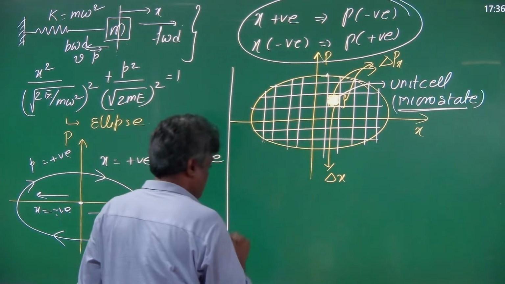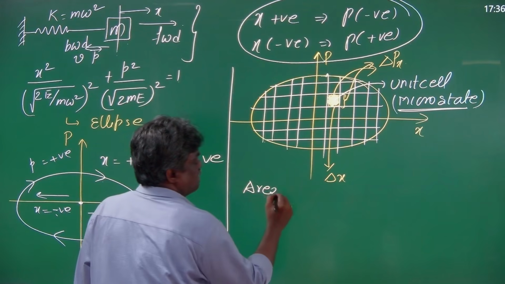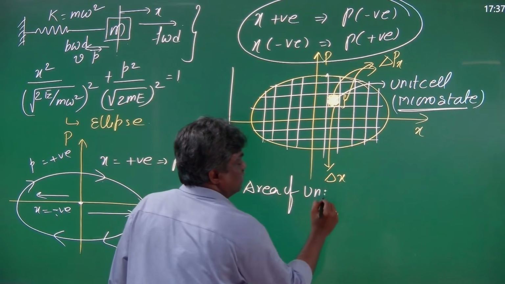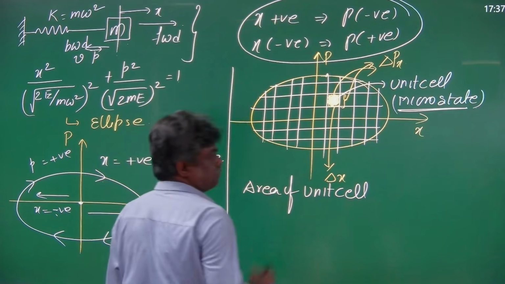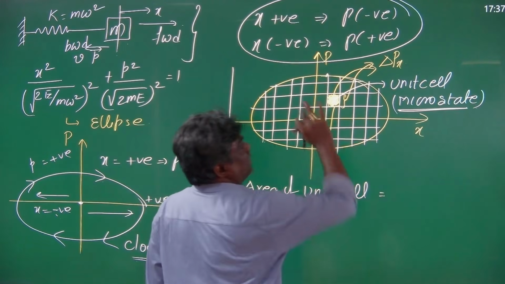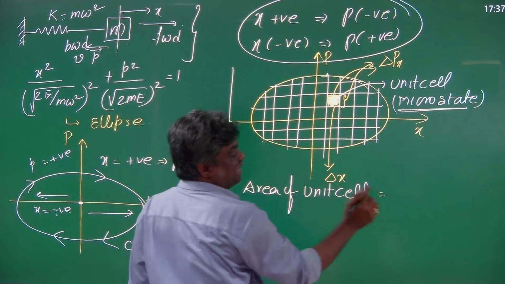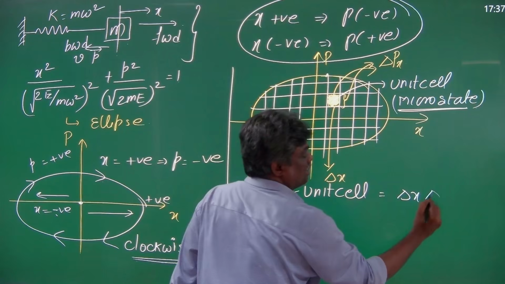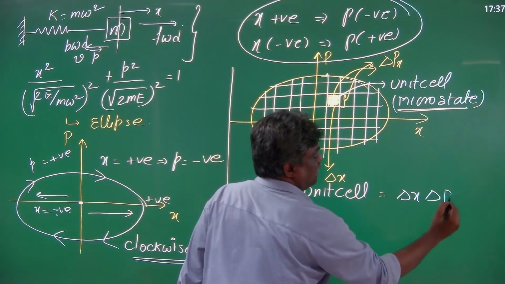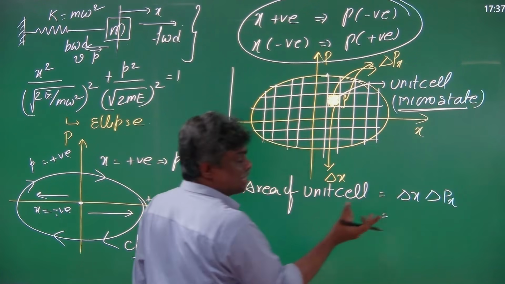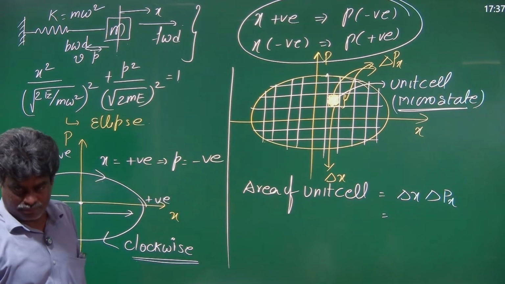Okay, fine. Now I would like to find the area of the unit cell. I hope you know it's 2 dimensional, x and px, length into width. What is the length here? Delta x. What is the width here? Delta px. Could you please tell me what is delta x into delta px?